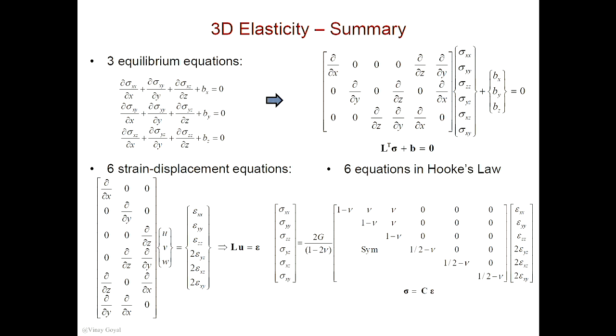When I take the second row and multiply it by this column, I get the derivative of v with respect to y, which gives epsilon yy, which is correct. That's what we found. I can also do the one for z, and I get the correct answer here for strain. I can also do shears, and you will see the derivative of u with respect to z plus the derivative of w with respect to x gives you epsilon xz. You will be able to see that this multiplies correctly. You should try it at home so that you can understand that this does work out.